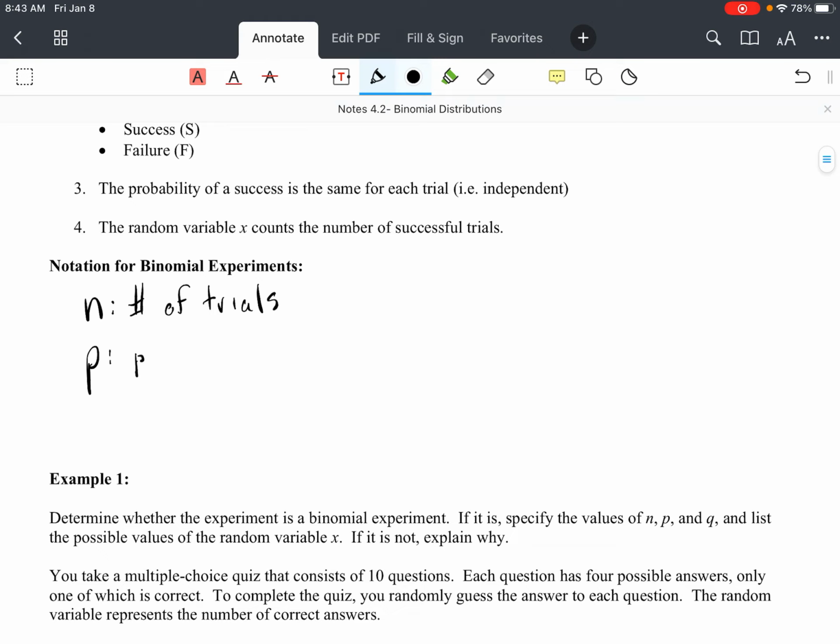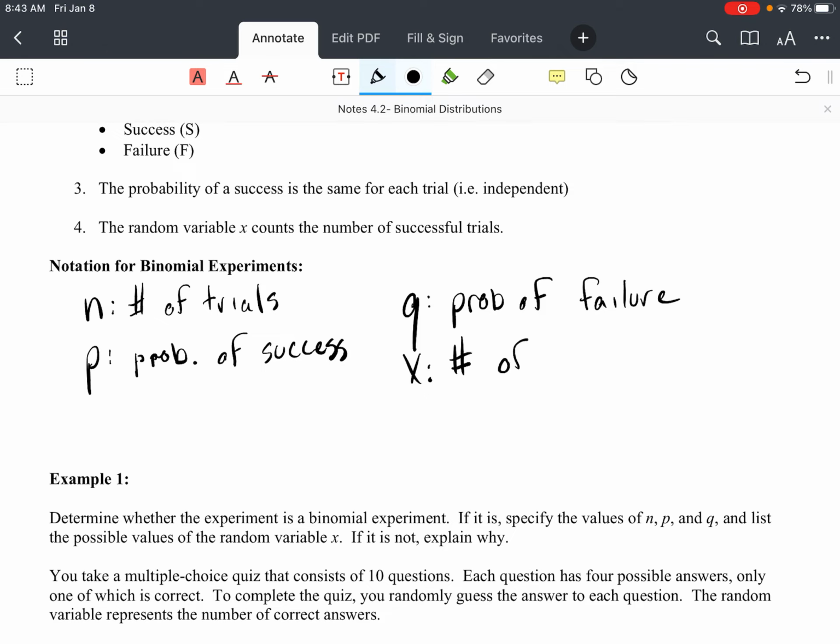P represents the probability of success. Q is the probability of failure. And x, your value, is the number of successes.